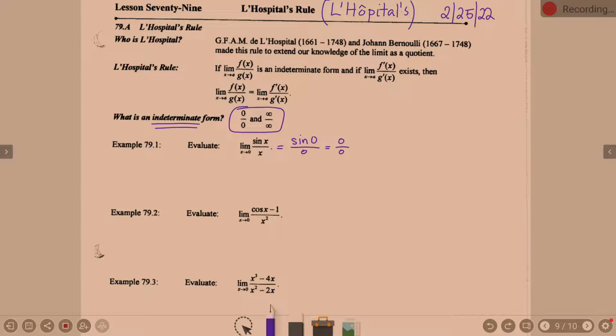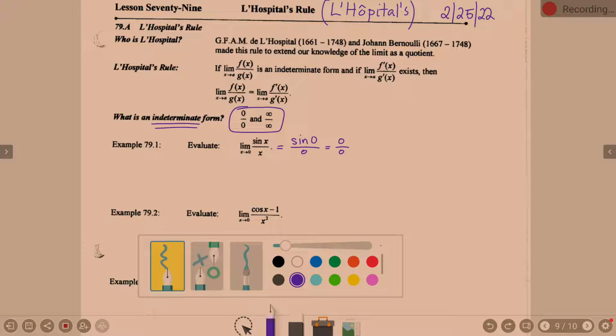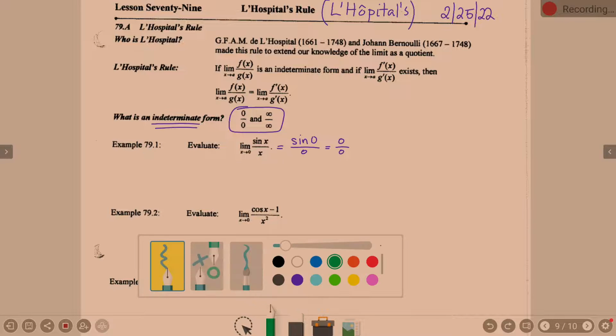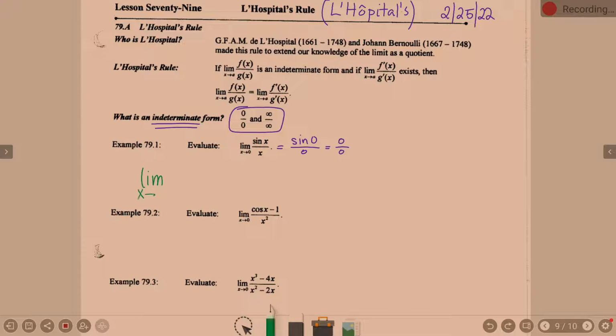And the idea of L'Hopital's rule is that it's still going to be the limit as x approaches 0. But we're going to do the derivative of the numerator.